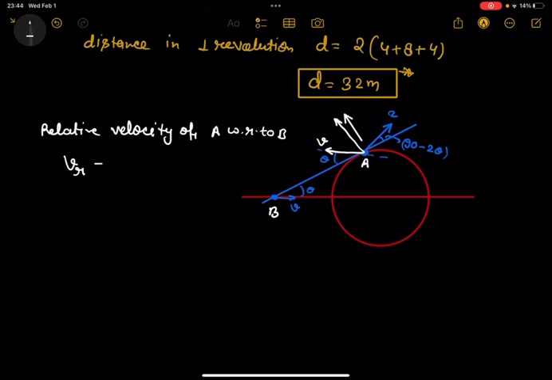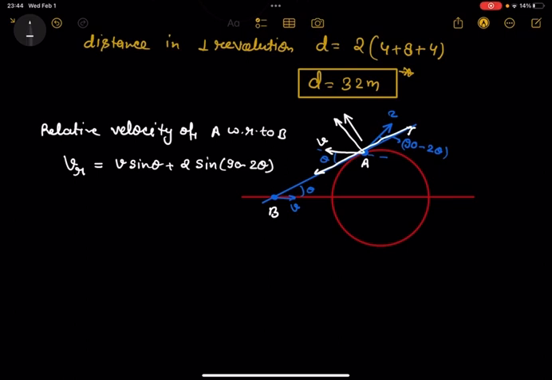So we can say these velocities are added, because in this direction the velocities are the same, so these velocities are balanced. So the net velocity is V sin θ plus 2 sin(90 - 2θ).